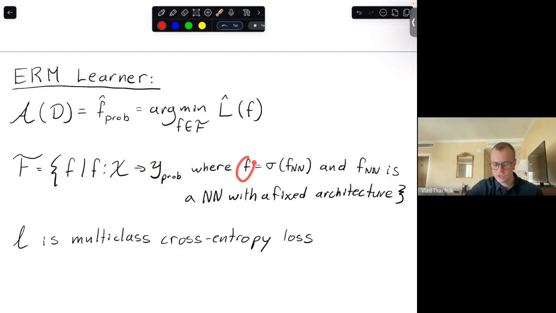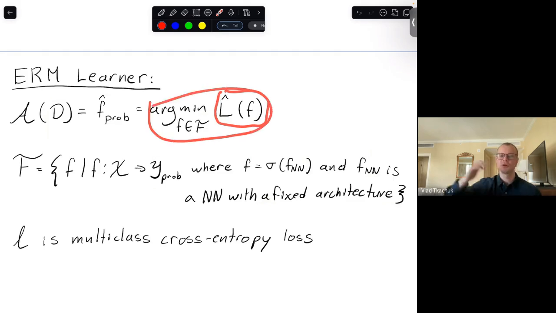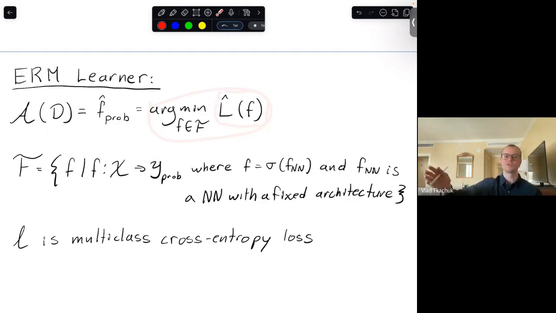Each one of these functions is going to be the softmax applied to your neural network, which gives you a probability vector. The neural network is going to be some neural network with a fixed architecture that you choose beforehand. So the only thing that changes between these neural networks is their set of weights. And what you're going to do is search over the set of weights. As we've talked about in this procedure, this argmin is just minimizing over the set of weights of your neural network, which we've seen how you do with gradient descent and so on.